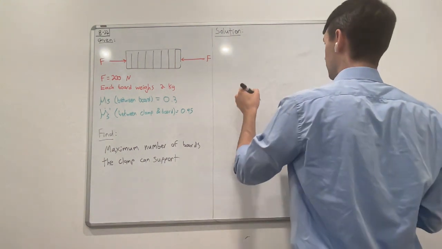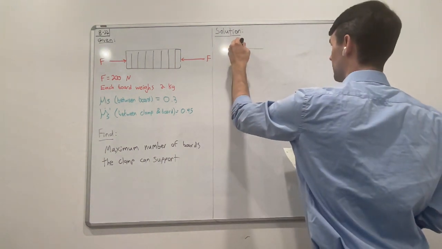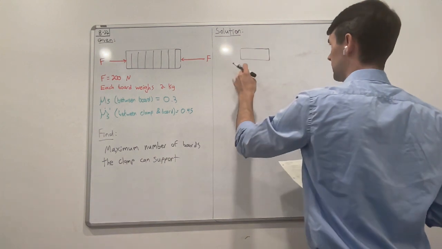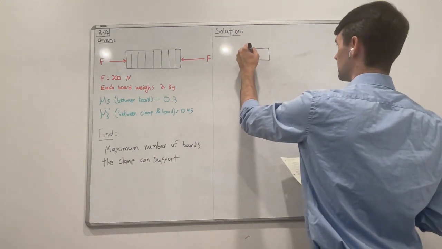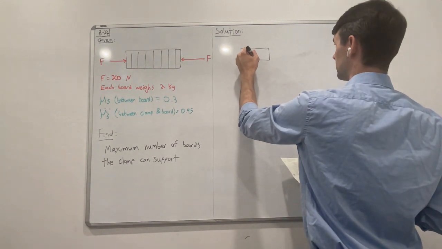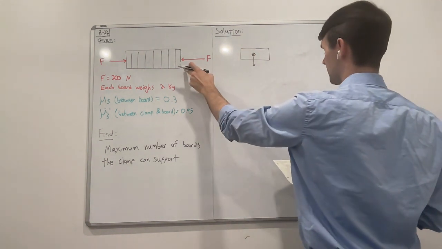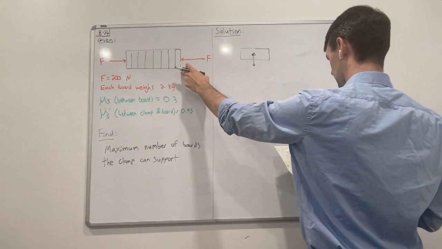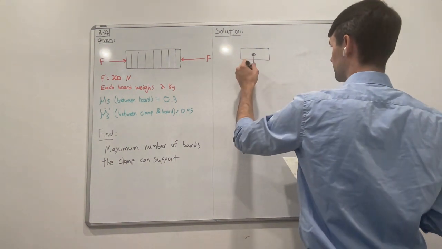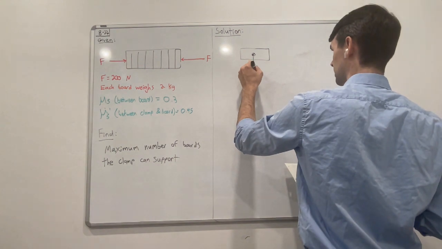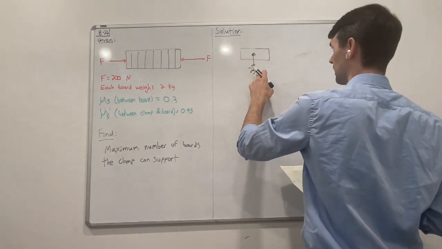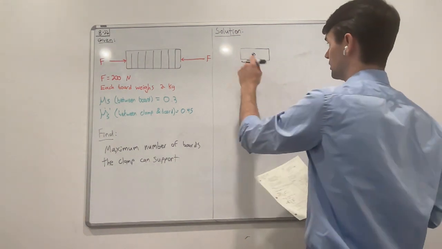If I draw a free body diagram, I'm going to imagine that all those boards together act as one big lump. First I'm going to look at the case of slipping at the clamp. The weight of that lump is 2 kilograms times gravity times n, where n is the number of boards.